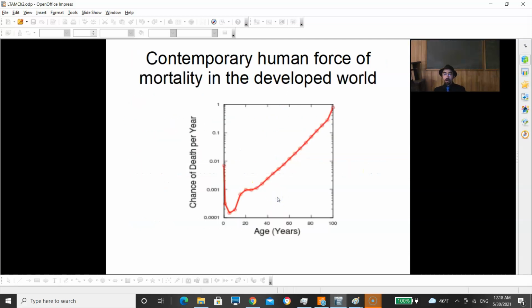Now if we compare this theory to contemporary force of mortality in humans in the developed world, here's a graph. Notice it's logarithmic in chance of death, linear in time. That means if Gompertz's law were accurate, you should get a linearly increasing function.